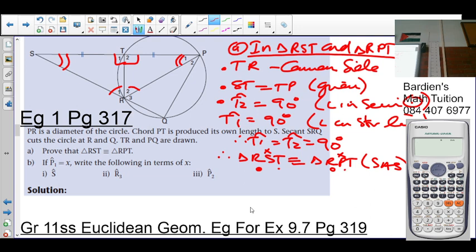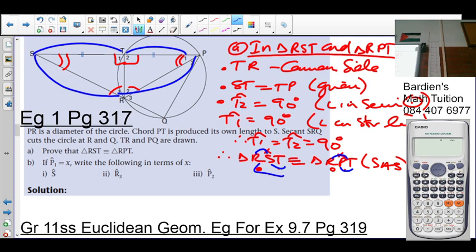But that we knew already at this point. What else does that tell us? It also tells us that RS is equal to PR. It also tells us that ST is equal to TP, but that we knew already. And we also now know that RT is equal to RT, that we also knew already.